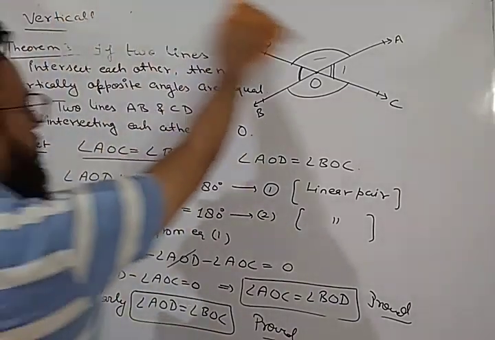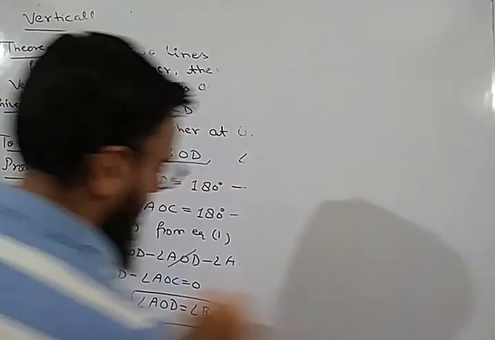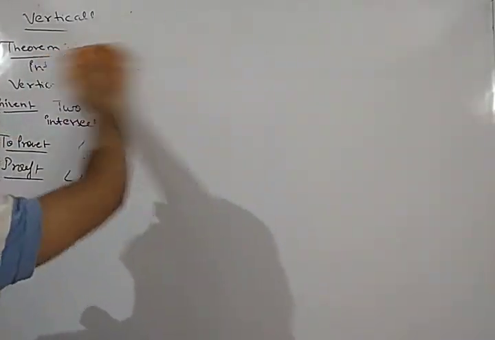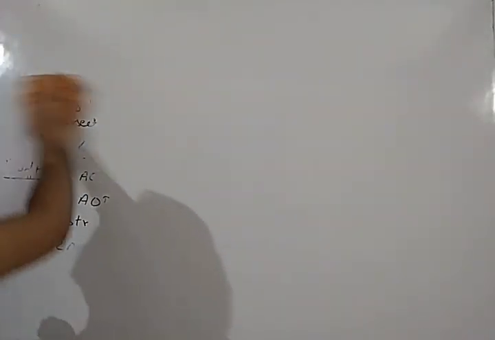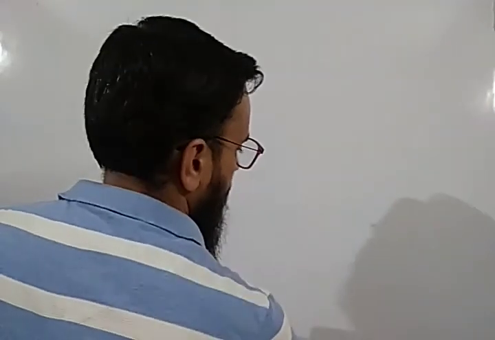Now let us solve some questions based on all these three theorems which we have discussed: linear pair, then sum of angles around a point, and the third is vertically opposite angles are equal. So now we are going to solve questions based on these three theorems.